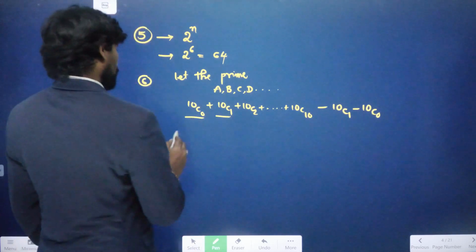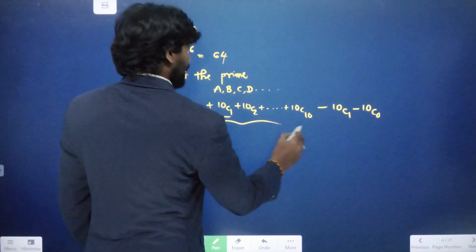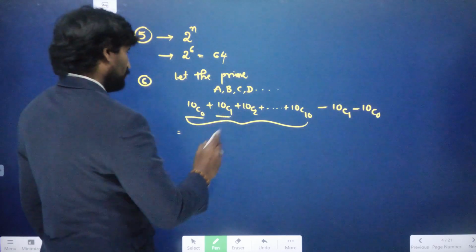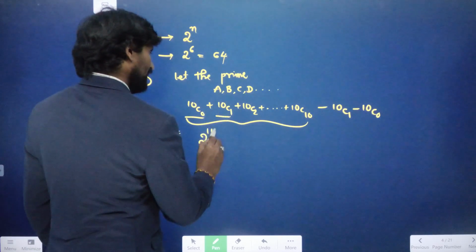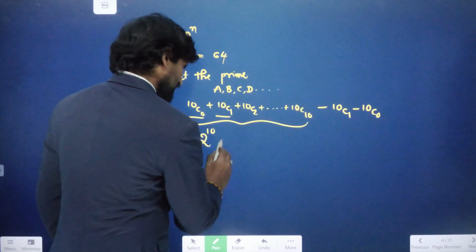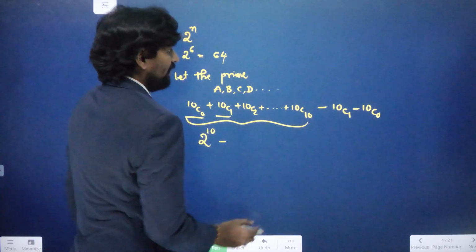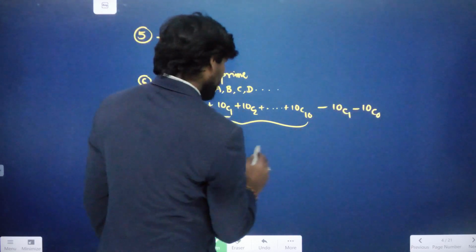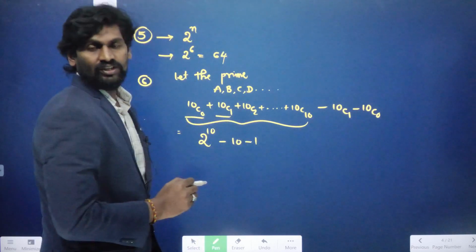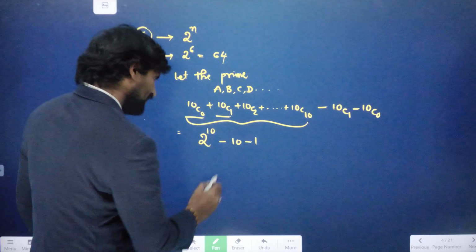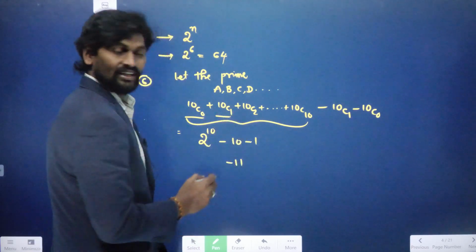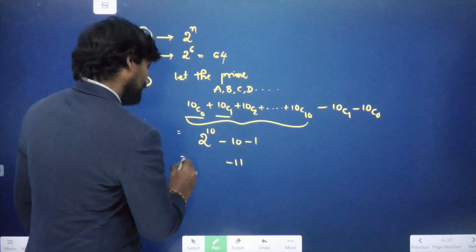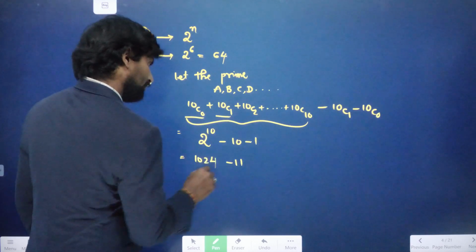Okay, so for a combination of these, we are going to write the first 10 solutions as 2 power 10 minus 10C1 value, which is nothing but 10, and 10C0 value, which is 1. So minus 10 minus 1 is nothing but minus 11, and 2 power 10 is nothing but 1024.